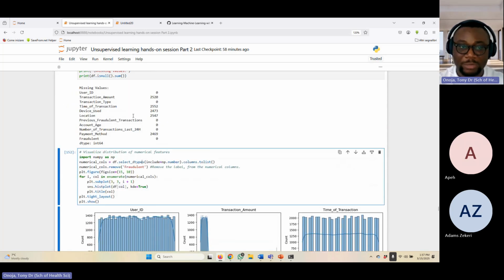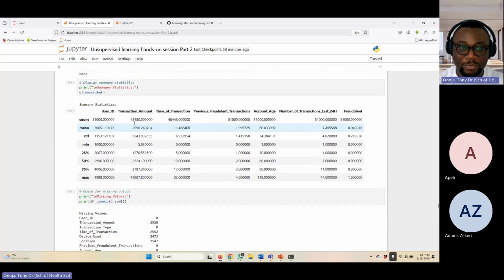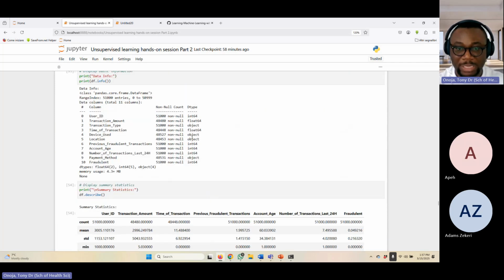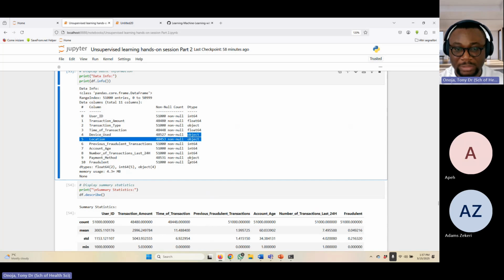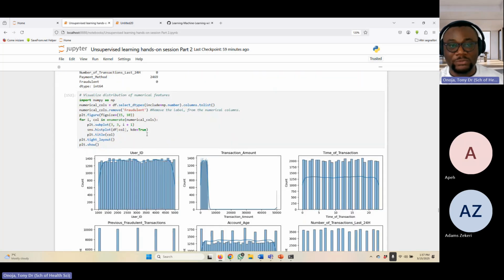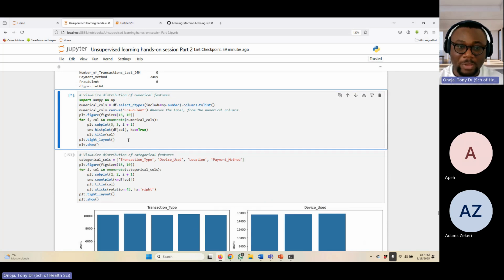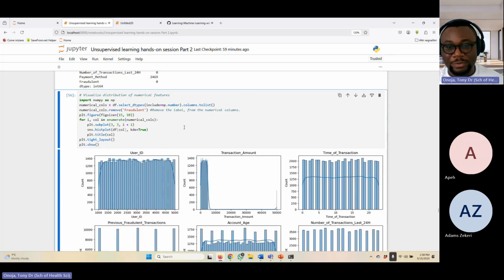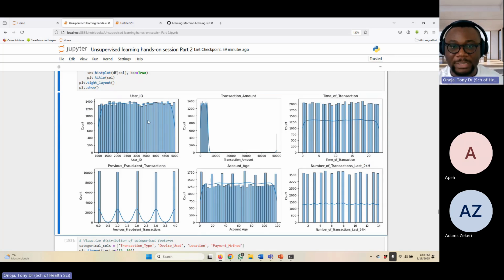In this case, we are going to visualize the numeric variables, because if you could see here, we had some objects and then some integers and floats. So we are interested in visualizing the numerical variables, which is what we are doing here. We're trying to look at these variables, which gives us a nice distribution. The user ID, we are not really interested in.